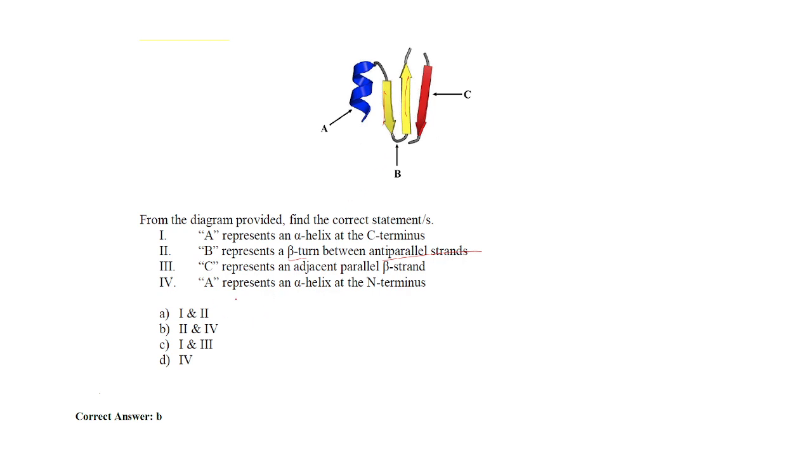And fourth, A represents an alpha helix at the N terminus. It is not at the C terminus, it is the N terminus, so that statement is not correct. And C represents an adjacent parallel beta strand. It's not parallel, right? Antiparallel.